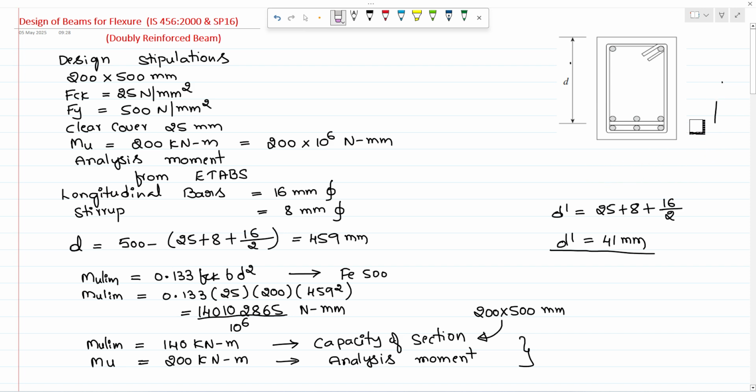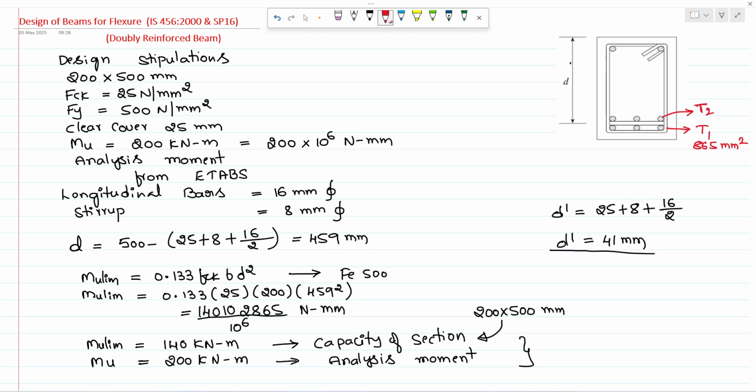So here, tension reinforcement. First, this will be T1. T1 is 865 mm square. Next it will be T2.